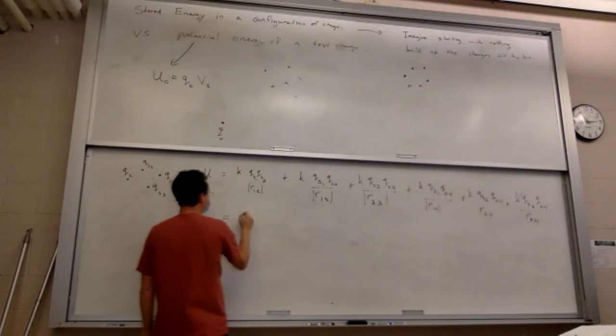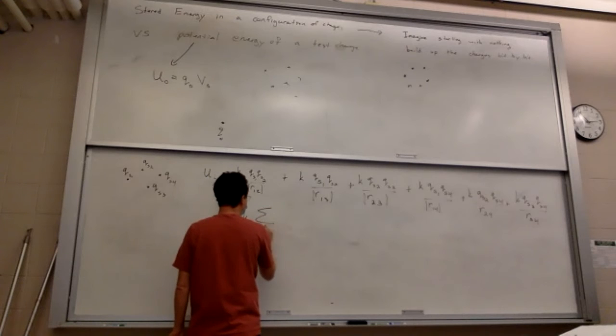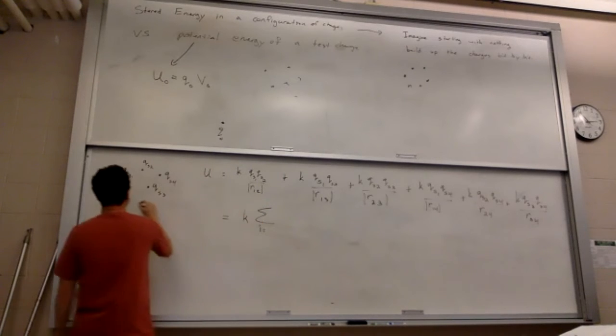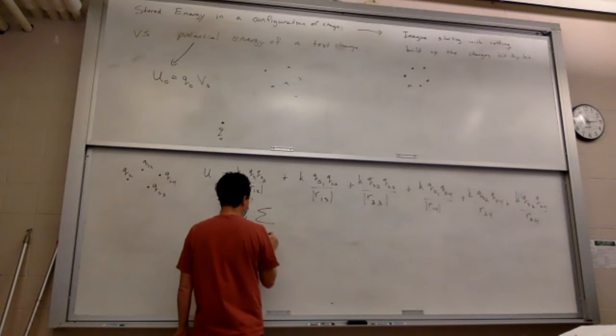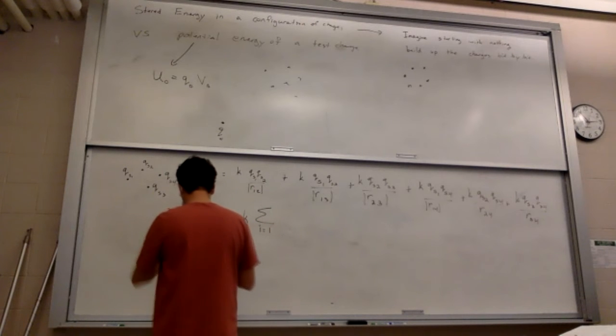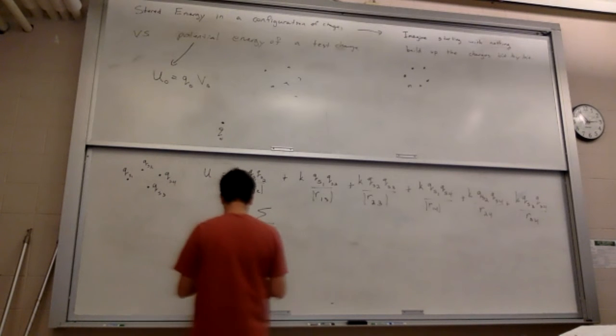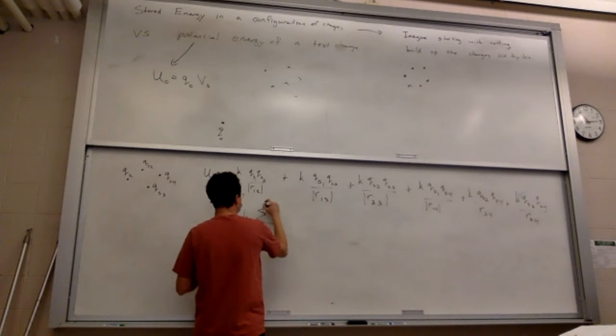So I can write this down in general. This would equal k times the sum over i, let's say I have n charges total, i equals 1 to n.